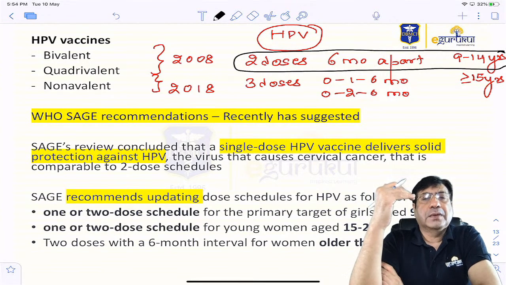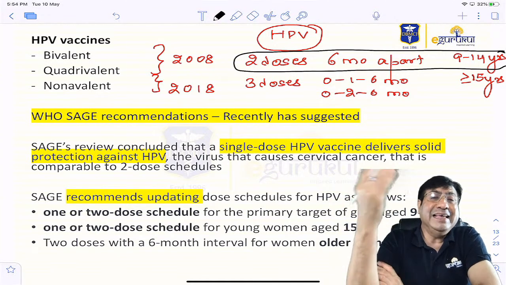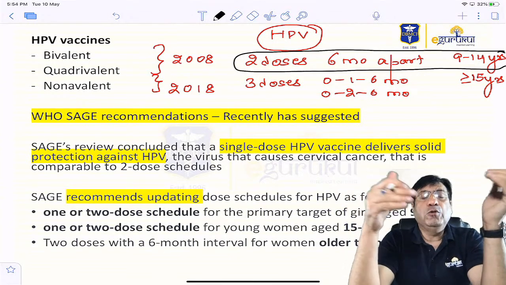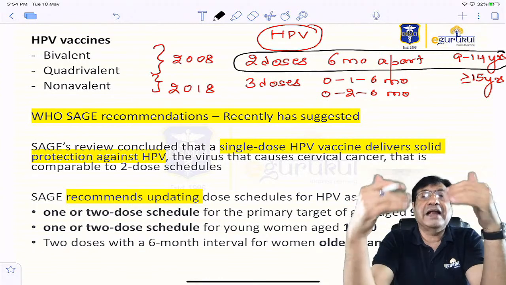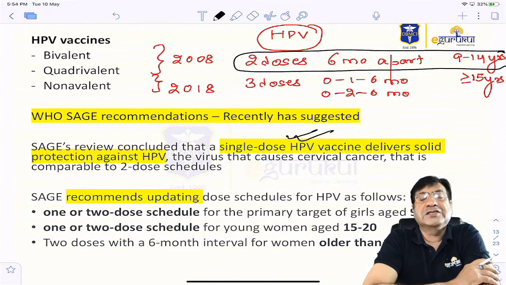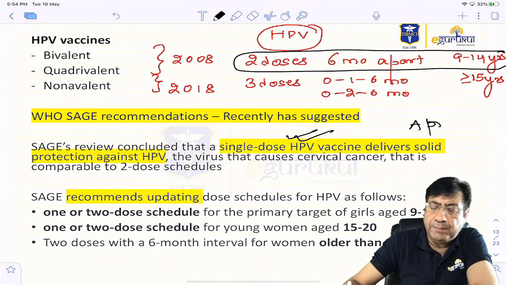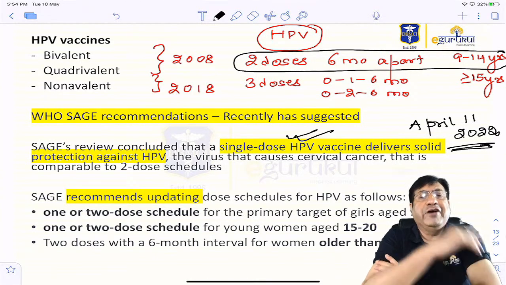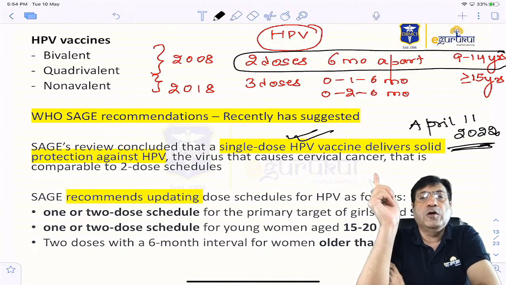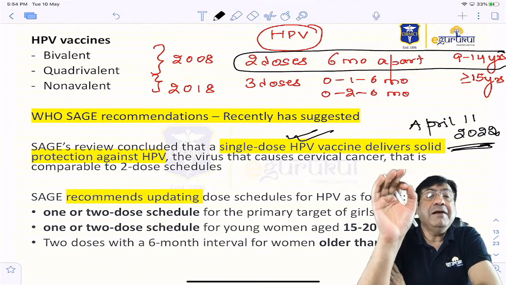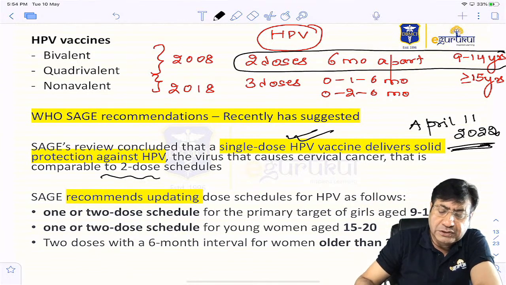However, with the objective to increase vaccinations and bring them to more of the target population, the WHO SAGE recently recommended an update. They suggested, as you can see here, that a single dose of the human papilloma virus vaccine, I think this update came on April 11th or 12th, 2022, so it's a very recent recommendation, delivers solid protection against human papilloma virus and may be comparable to the 2-dose schedules.